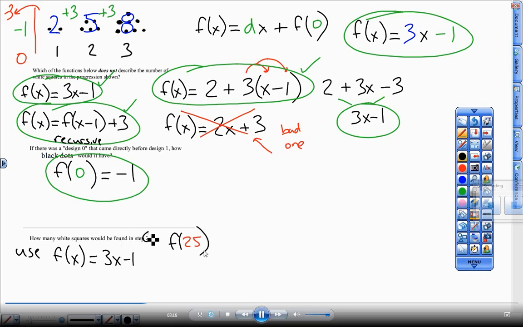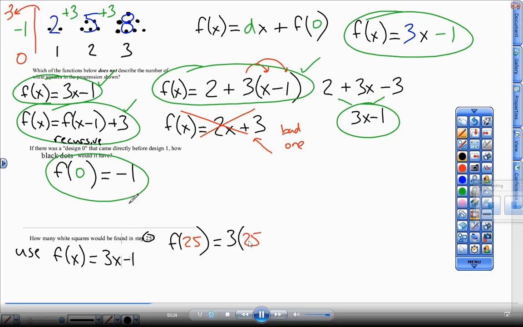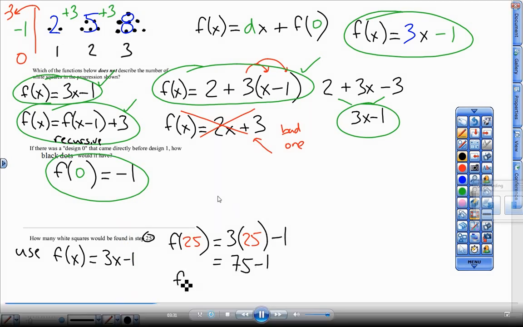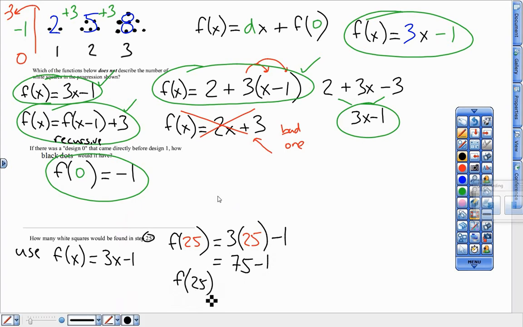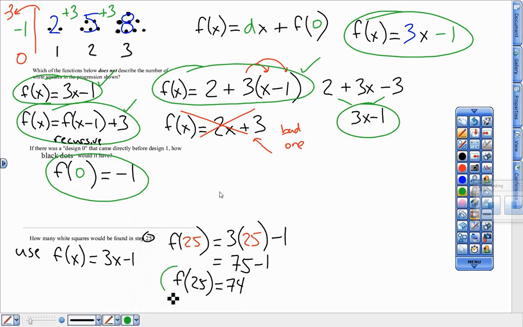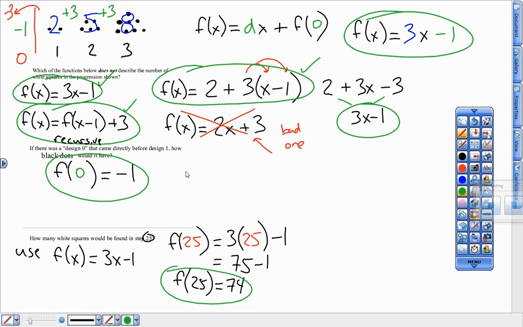The function at 25 equals 3 times 25 right here, close that parenthesis, minus 1. That gives me 75 minus 1. So the function at the 25th term is 74. Again, there's going to be a problem just like that Friday. Make sure you know how to do it.